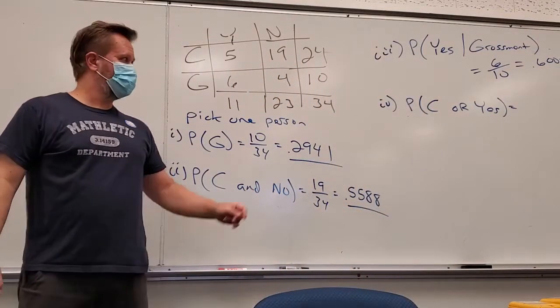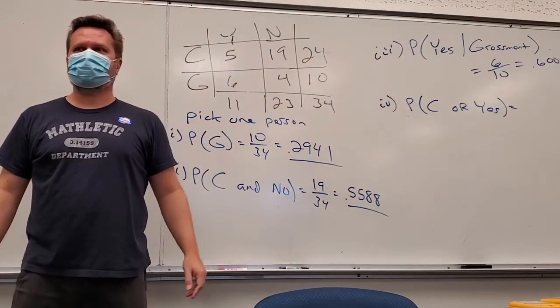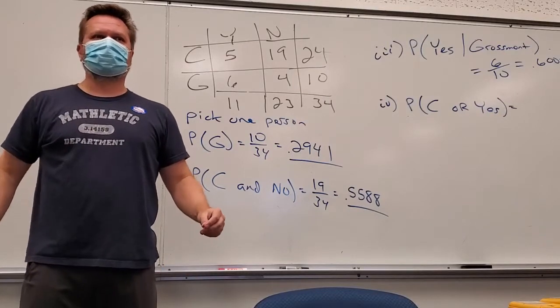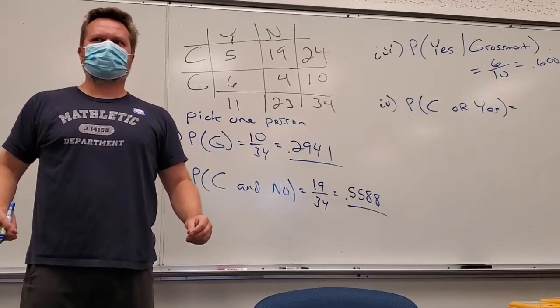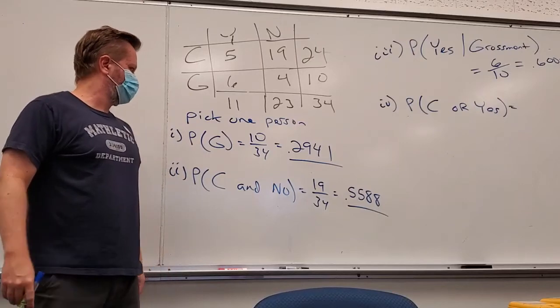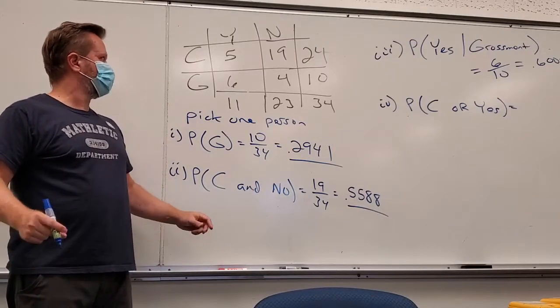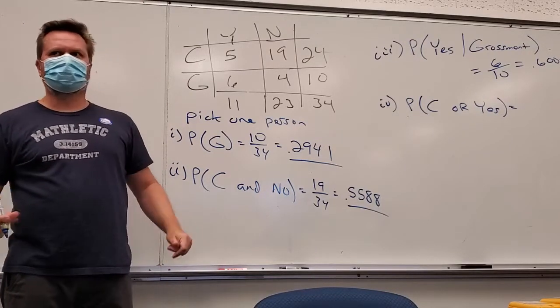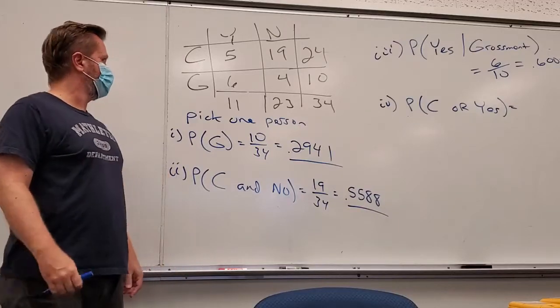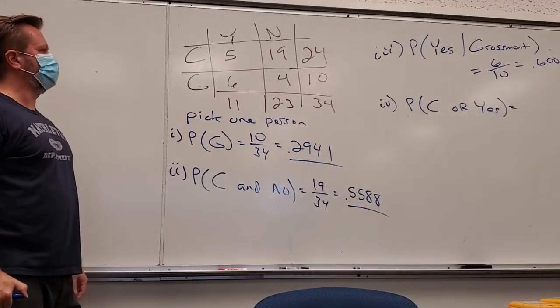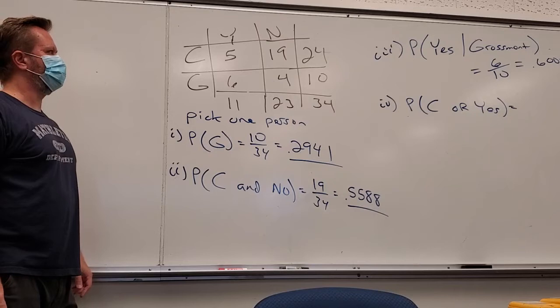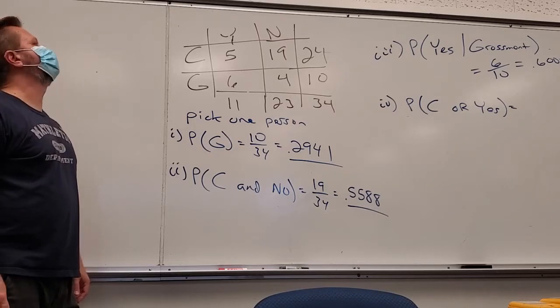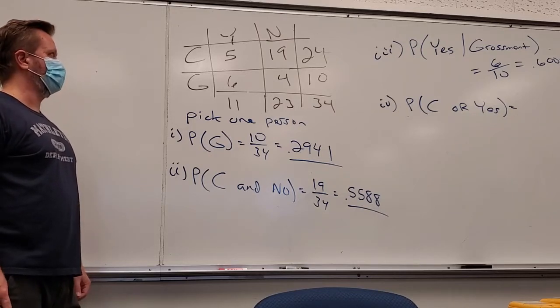Curious. Cuyamaca, or they said yes. Wouldn't that be different numbers? What do you mean? Like Cuyamaca students would be 24 out of 34, and yes would be 11 out of 34.